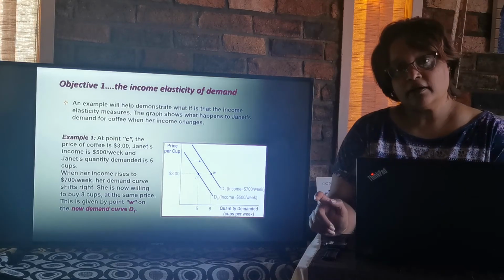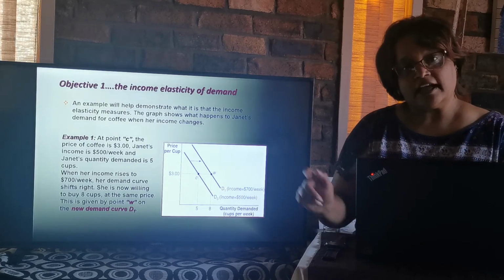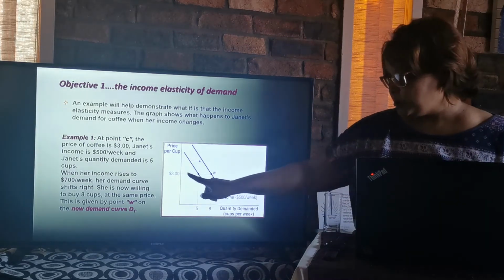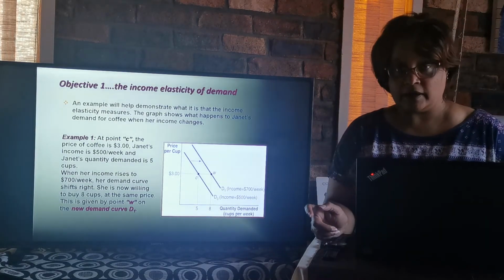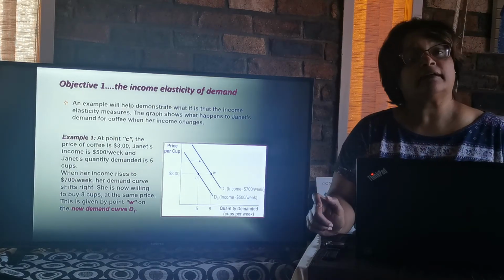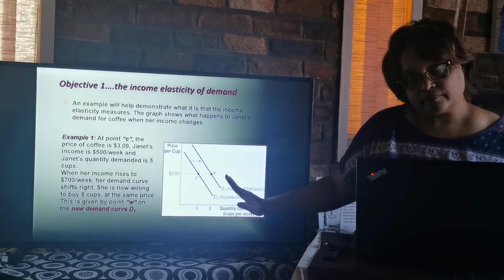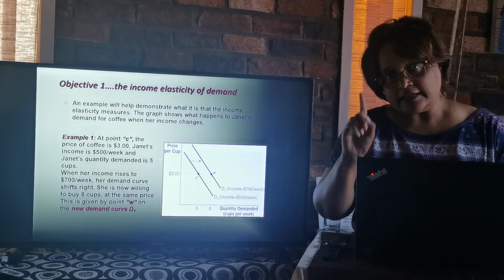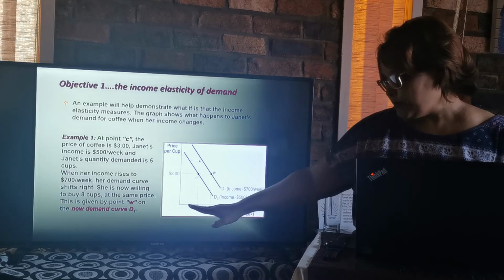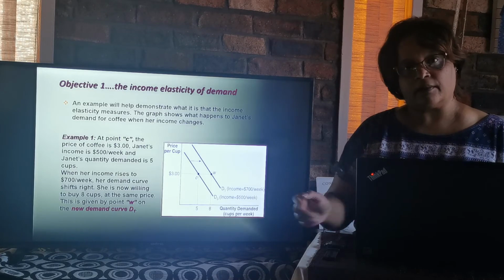But because my boss gave me a raise that week, I now earn $700, and McCafe didn't change the price. So I'm going to go into McCafe, and guess what? I'm going to become a coffee junkie, because now I'm not going to drink 5 cups anymore, but I will drink 8 cups. The increase in my income was responsive to my quantity, and vice versa. My quantity demanded for coffee increased because my income increased.